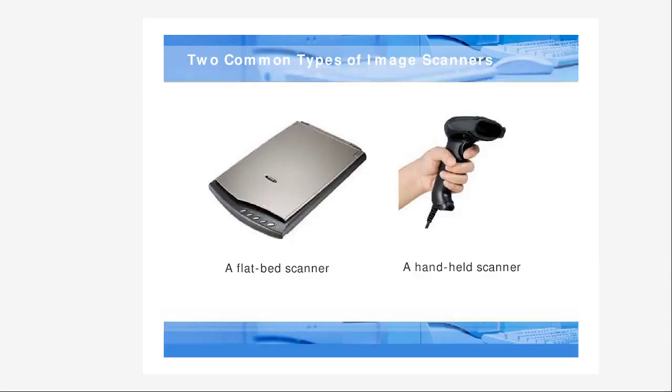But in case of a handheld scanner, what do we do? We move that handheld device line by line over the page, हमें खुद को move करना पड़ेगा उसे पकड़ के. Over the page we place that handheld scanner and move it line by line. So that is done by the user manually for scanning the documents or products.